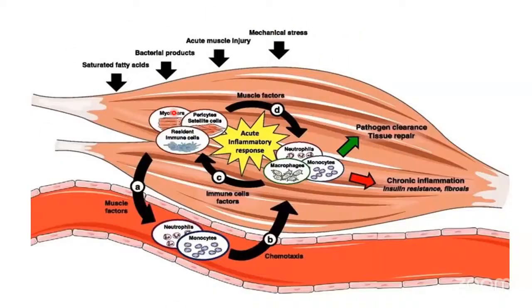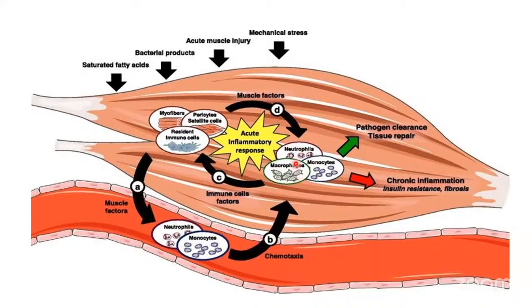This is the mechanism through which the muscle tissue is going to be damaged, where there are muscle factors that cause activation or chemoattraction of polymorphs, such as neutrophils and monocytes. Those will leave the circulation through chemotaxis, chemical attraction, to the site of the antigen reaction within the muscle tissue.